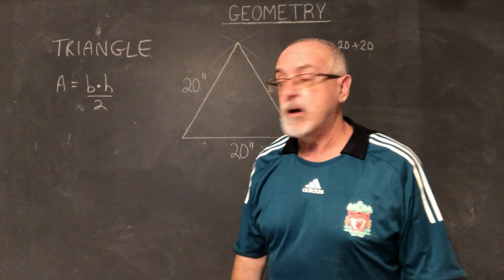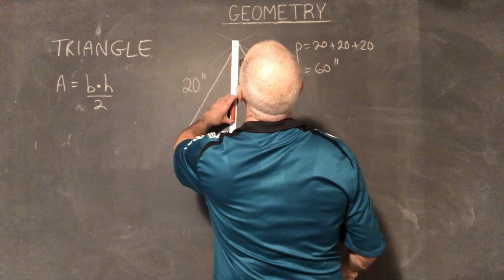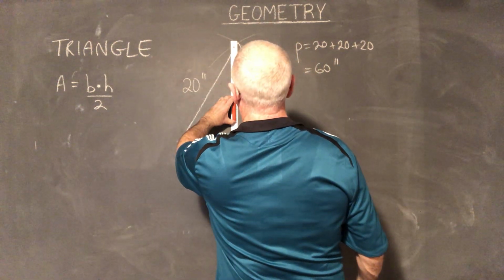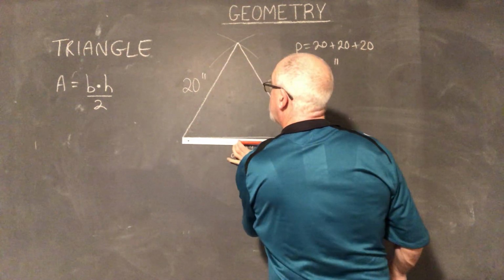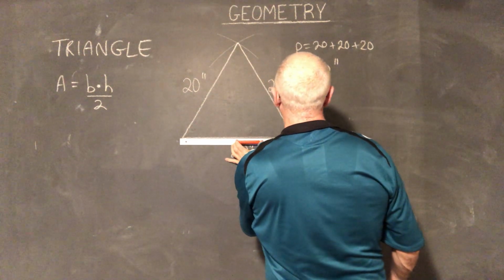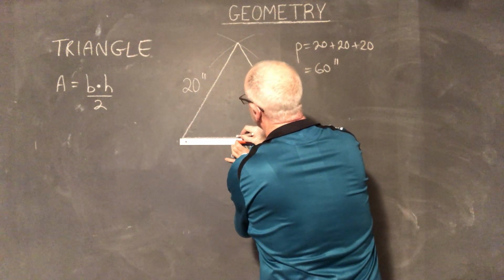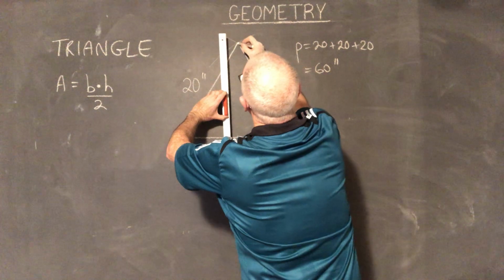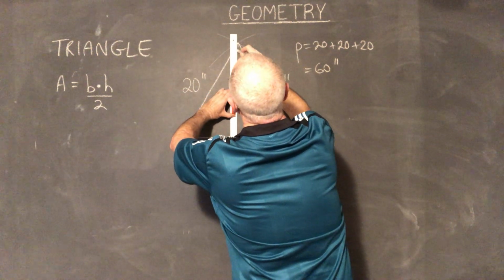I need to know the height, otherwise I cannot find this area. The height looks like 17 inches. Now, if I want to be fussy, I'm going to go to my 20-inch base, and I'm going to mark the midpoint, which is 10. Because the height should go straight up from the midpoint with an equilateral triangle.